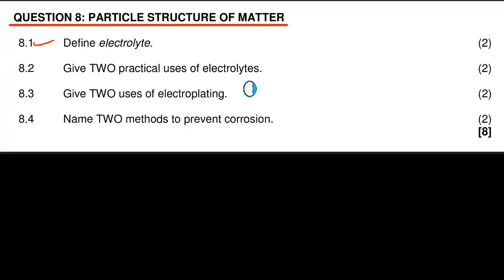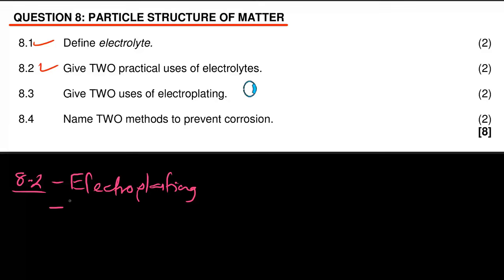Now let us look at 8.2. 8.2 says give 2 practical uses of electrolytes. So when do we use the electrolyte? You find the common uses of electrolytes. The common one is electroplating. When you do electroplating, it's common when you use this.